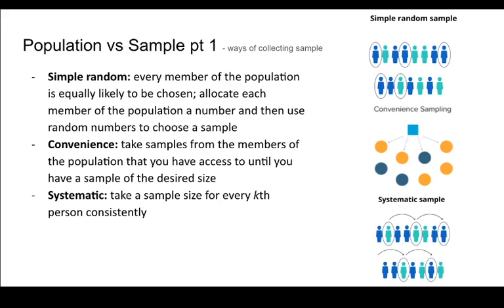Convenience would be to take samples from the members that you can easily reach, let's say people who came into the mall, passing out brochures. Systematic is to take a sample for every kth person. Let's say in immigration, they check people's security every 10th person, something like that.